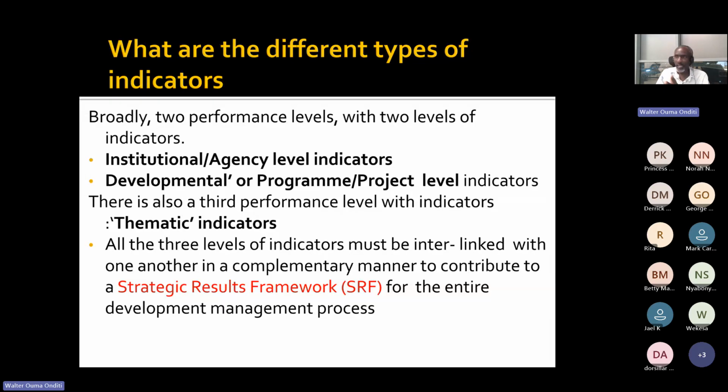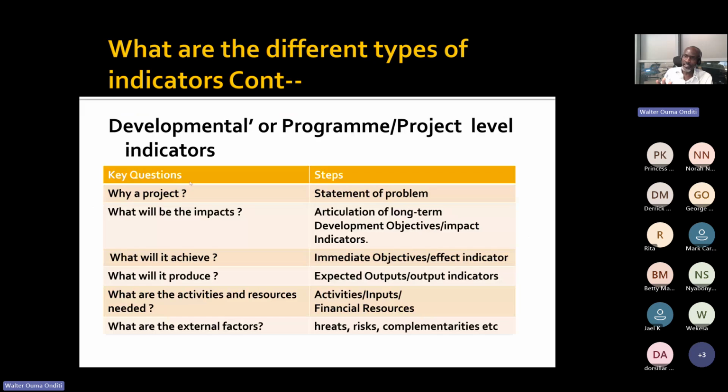In terms of recap, last class we mentioned the different types of indicators, and I'm not going to dwell much on them. We focused on the developmental project level indicators. For those who were not there, there are some key questions that normally come up when you're looking at the developmental perspective, and the steps that they align with.